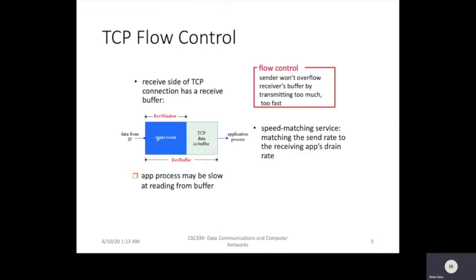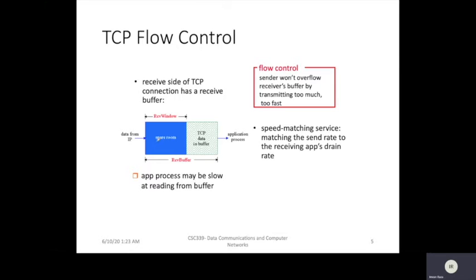So what if the application is relatively slow at reading the data? In this case, the sender can very easily overflow the connection's receive buffer by sending too much data too quickly.